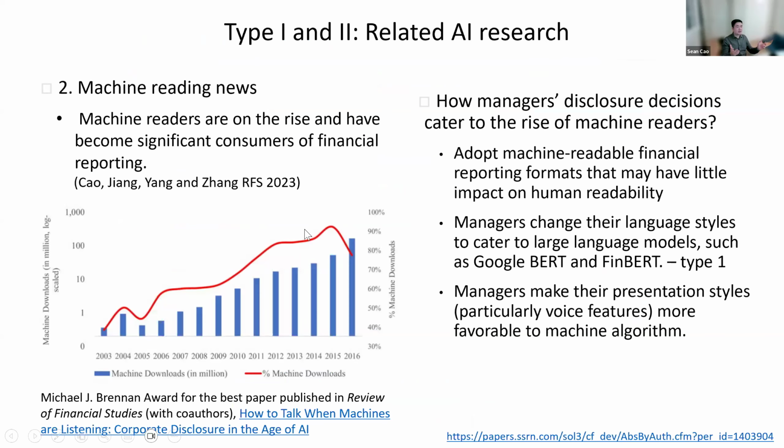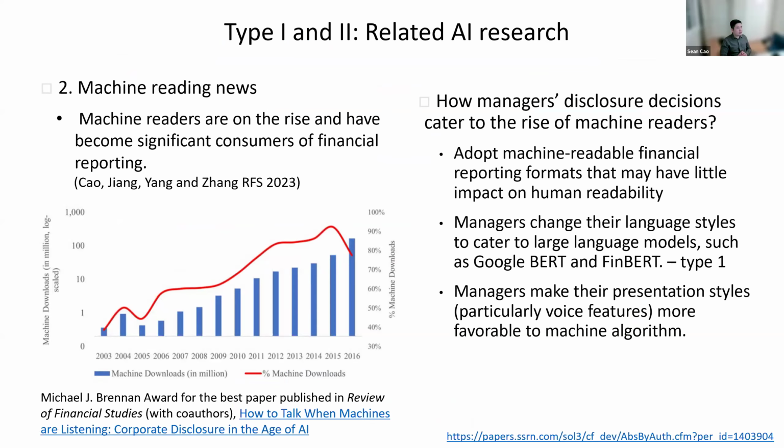We also did a lot of work to understand how managers try to cater to machine readers. There are three findings. The first finding is that managers start to care about the code used to generate a table, as I mentioned earlier. The managers also cater to large language models.